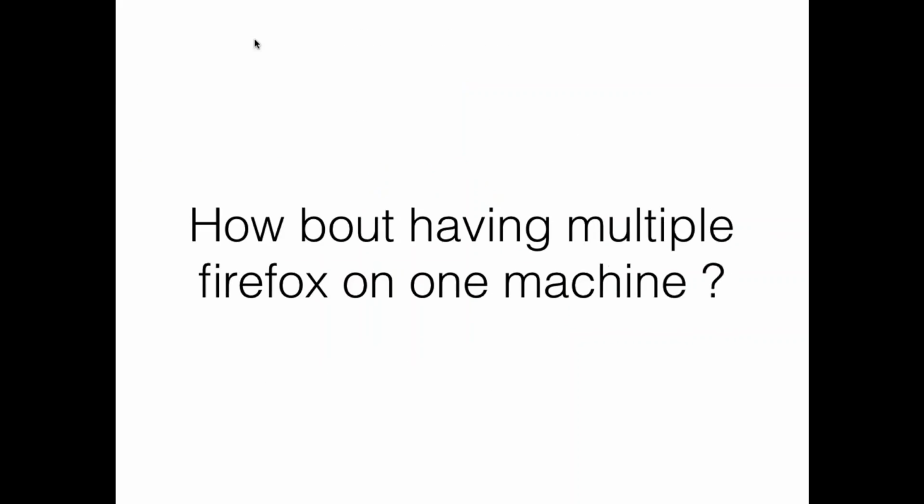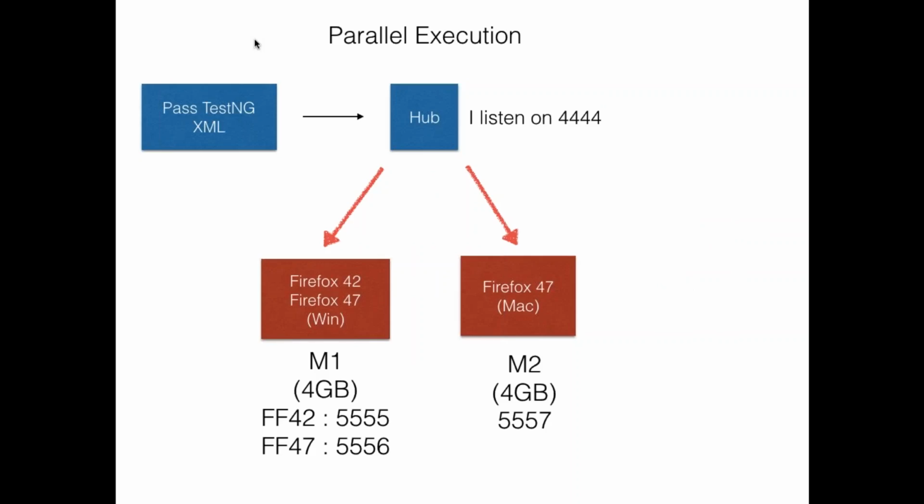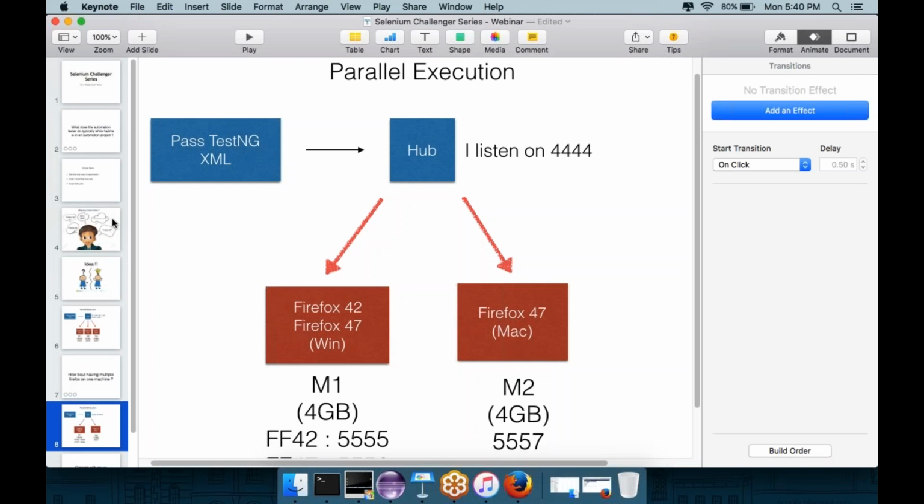How about having multiple Firefox on one machine? That means what I wanted is, can I install Firefox of different versions in a single machine, so that I save on my infrastructure or save on my RAM.